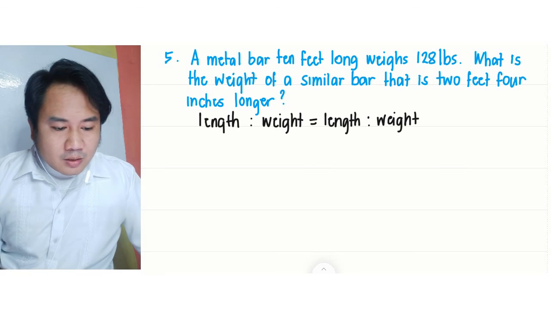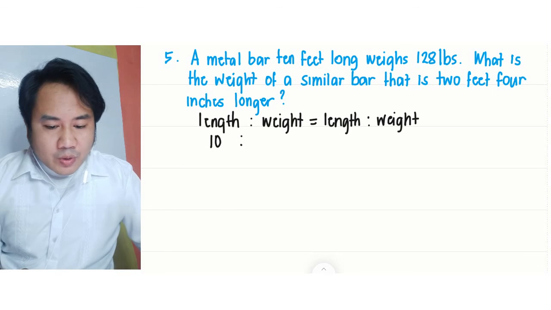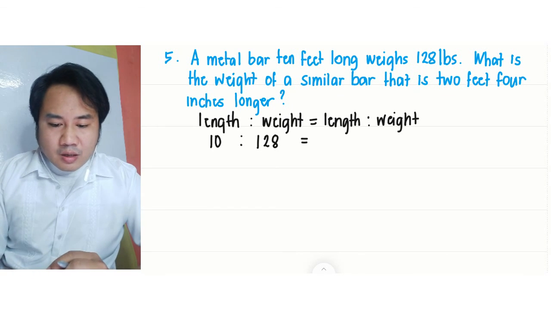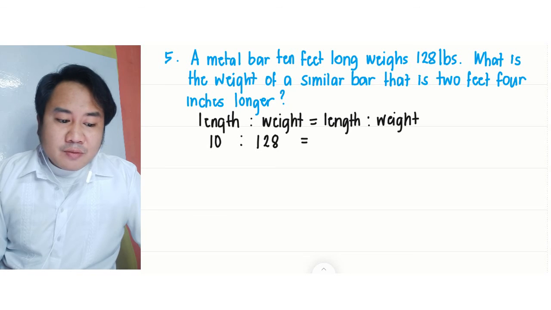Una, a metal bar 10 feet long weighs 128 pounds. And then, what is the weight of the similar bar that is 2 feet 4 inches longer?